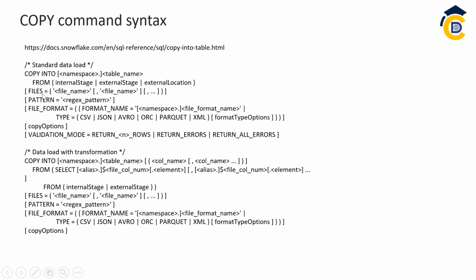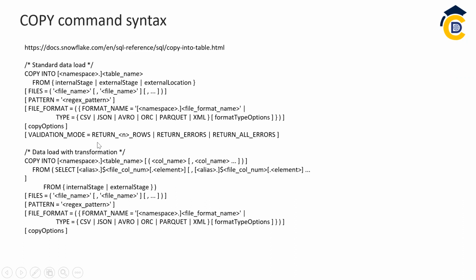Then files, or you can give a pattern, which could be a regular expression. You can give a file format name directly, or explicitly give whatever formatting options you choose while creating a file format. But that will be a little cumbersome to write, so it's better to create a file format object and simply attach it here.